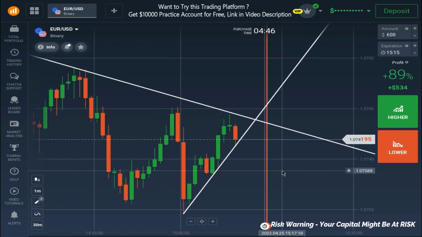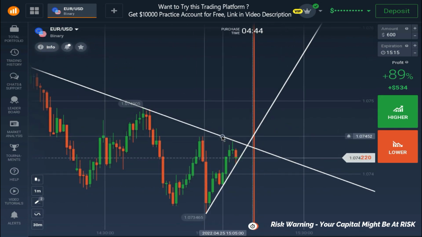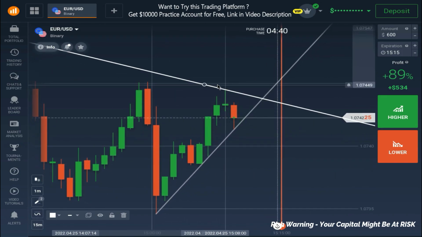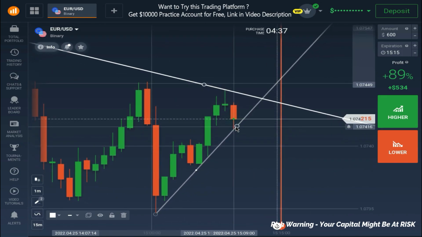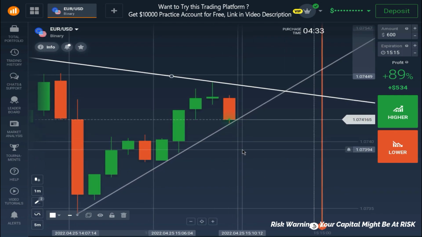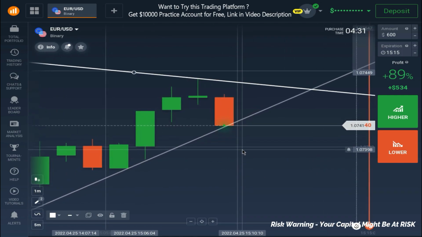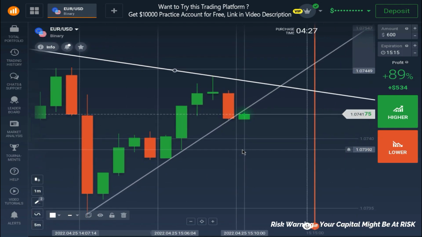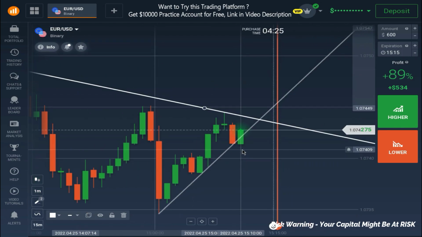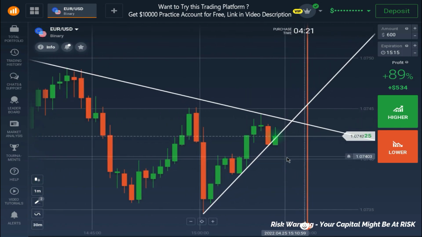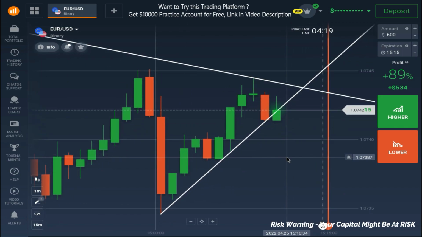Right now the setup is quite good, and you can see market got rejected from the resistance. And now let's see how this candle will perform. If this candle closes as a strong one, and yes, it actually is showing some respect to the support line, which is a good thing.